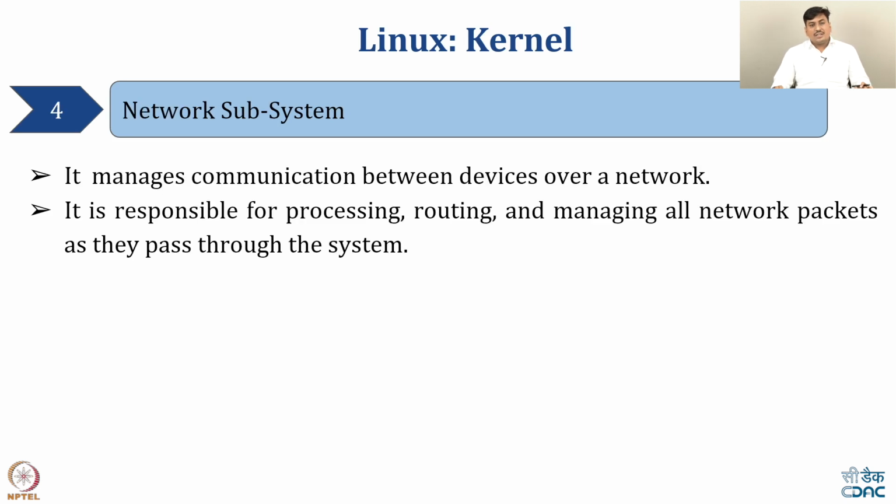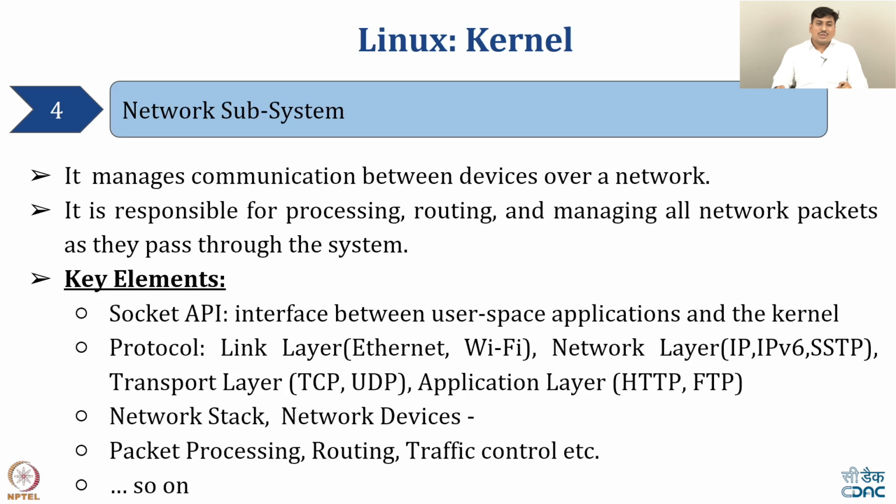Then another part is the network subcomponent. Basically it manages the communication between devices over a network. It is responsible for processing, routing and managing all network packets as they pass through that particular system. Among its key elements are socket APIs, the interface between user space applications and the kernel, and managing the different protocols like the link layer, from Ethernet and Wi-Fi, the network layer, the transport layer and the application layer.